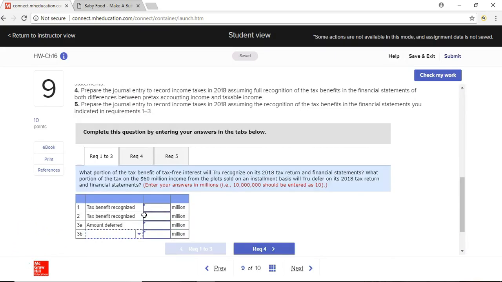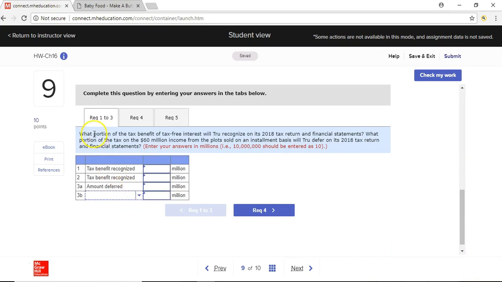The first requirement asks us, what portion of the tax benefit of tax-free interest will True recognize on its 2018 tax return? That's the first question. And in financial statements, that's the second box.